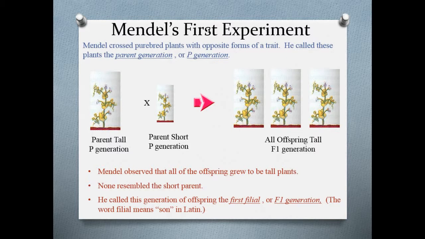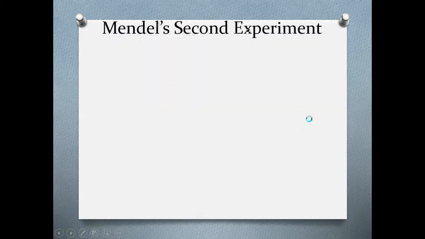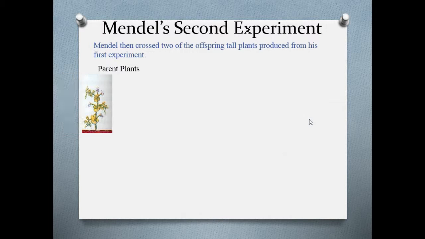So then he wondered, okay, what if I took two of these plants and crossed them? What would happen then? So that's exactly what he did. He took two of the offspring tall plants produced from his first experiment, and he used the cross-fertilization technique.